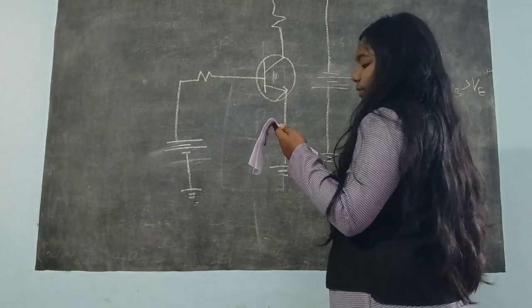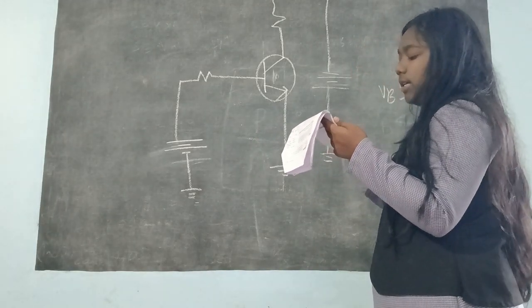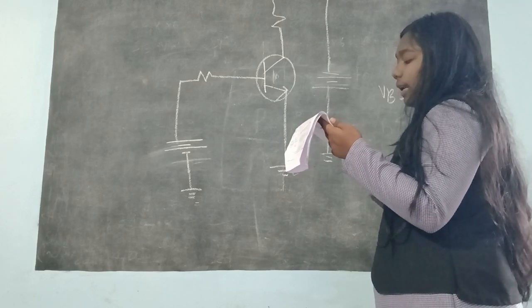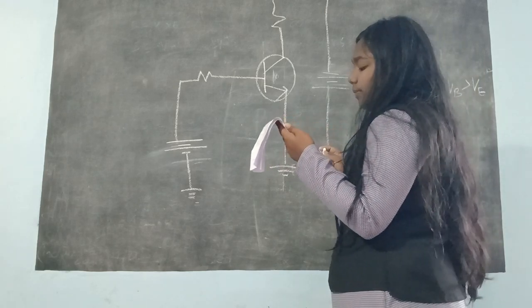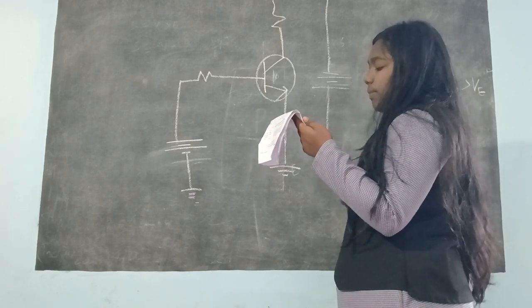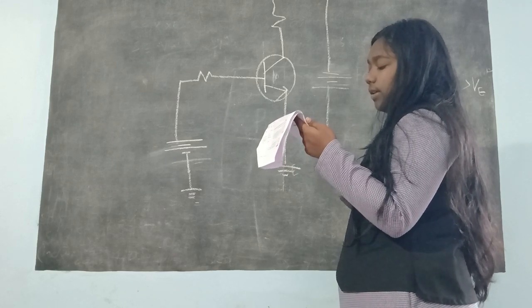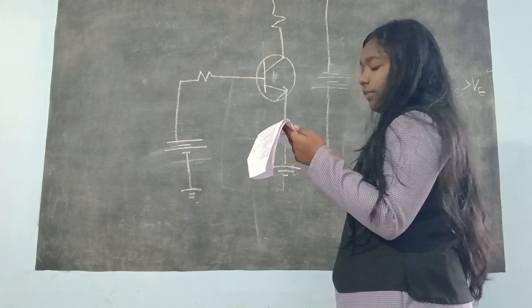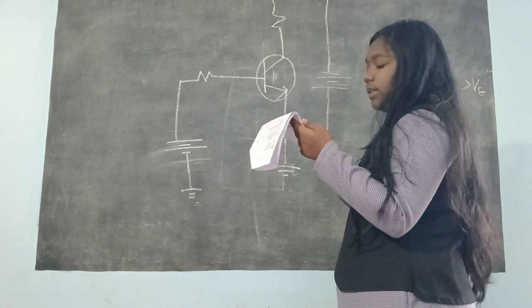The heavily doped n-type emitter region is giving the conduction band electrons that easily diffuse through the forward biased BE junction into the p-type base region, where they are the minority charge carriers, just as in a forward biased diode. The base region is lightly doped and very thin, so there is a limited number of holes.